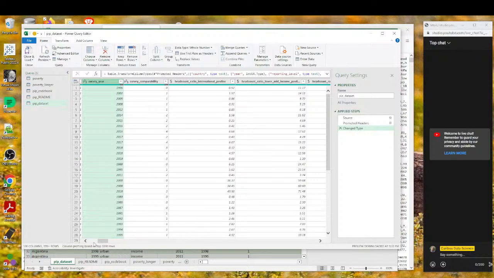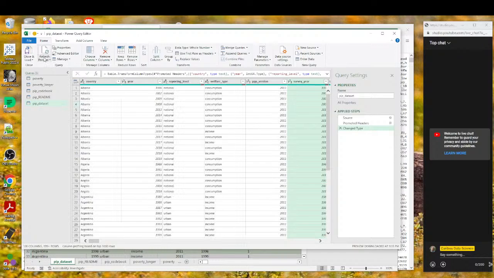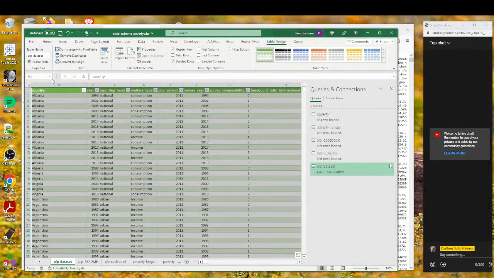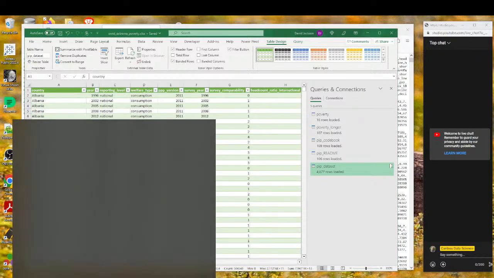There. Okay. So let's import one more. Let's import the PIP data set.